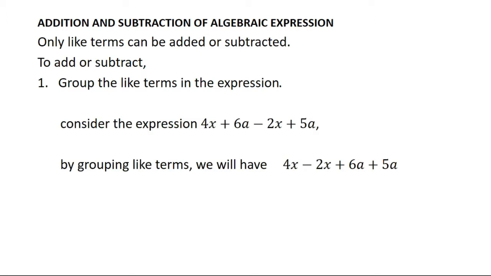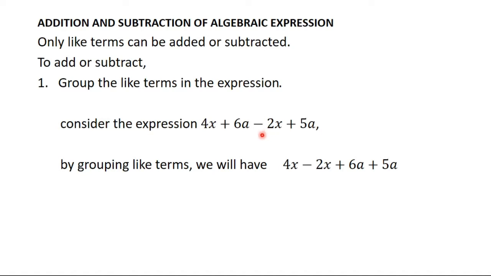So for example, if we are to consider this expression here, 4x plus 6a minus 2x plus 5a. So we have this term here 4x, we have this term 6a, we have this term minus 2x, and we have this term 5a. If you are to add or subtract this expression, the first thing you must do is to group the like terms.